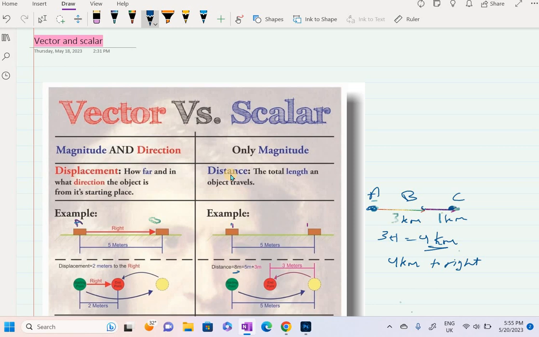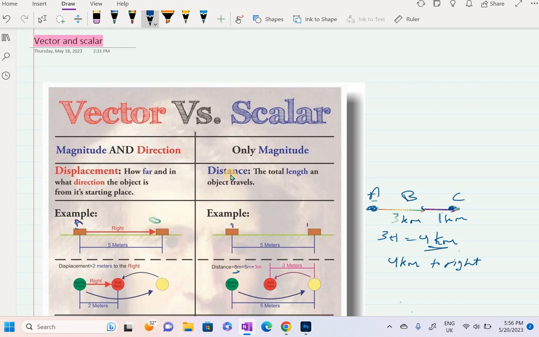For displacement, from A here to B, the distance is 5 meters to the right. From the beginning to the end. Here also, the journey was like this, from the green to the yellow and from yellow to the red. So the distance we said was 8, but here no, it's not 8. The starting point is the green, and the ending point is the red.